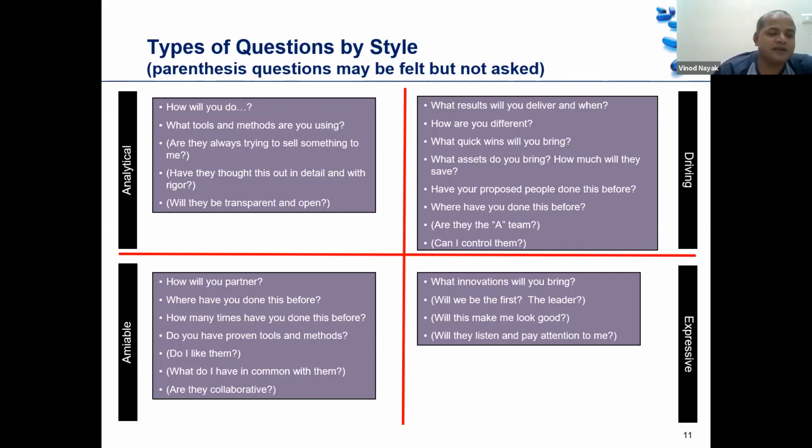The third one: if the person is amiable, very people oriented, but doesn't take any decisions, then what are you going to do? In that case, you have to be amiable, and then you have to be dominant in between.